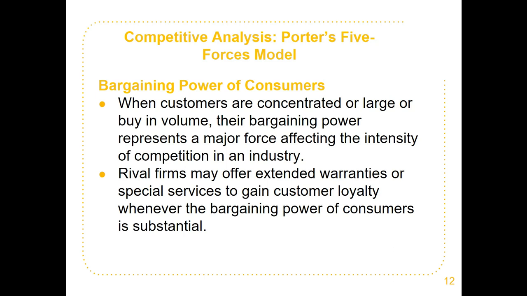In this case, of course, consumers can negotiate selling price, warranty coverage, or accessory packages to a great extent. So there we have the bargaining power of consumers. That's your five forces model according to Michael Porter.